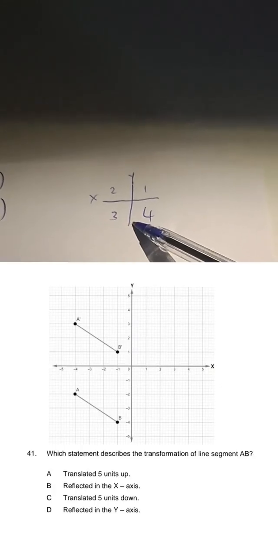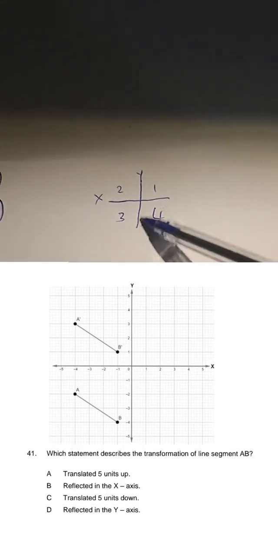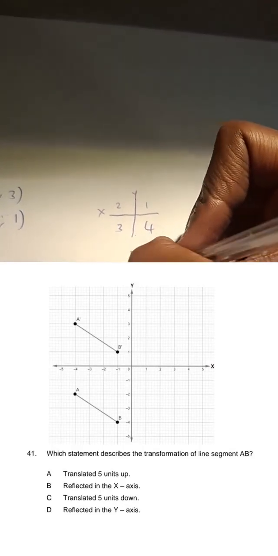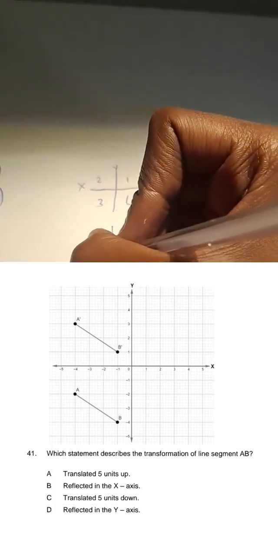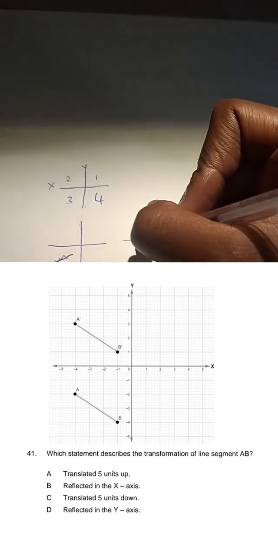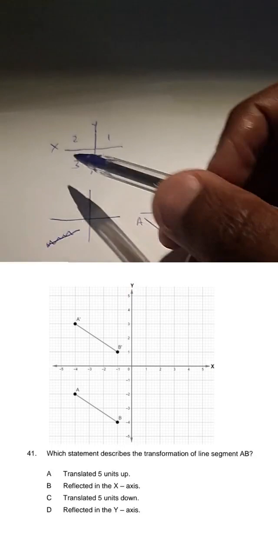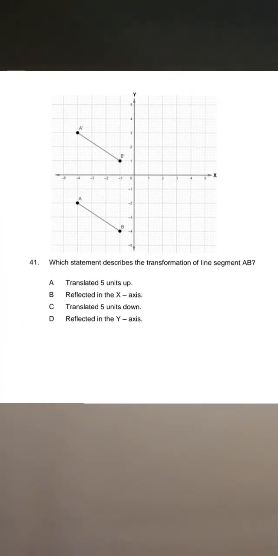So the line segment that they are asking you to look at is the line segment AB, which is in the third quadrant.